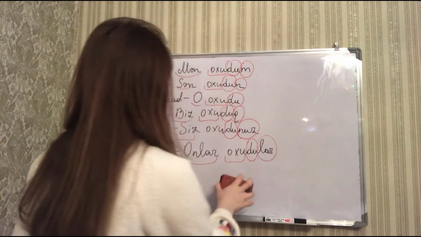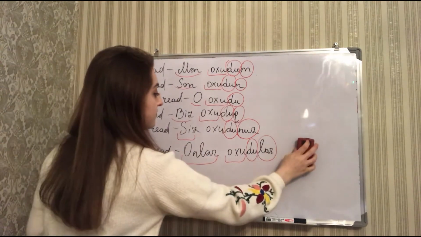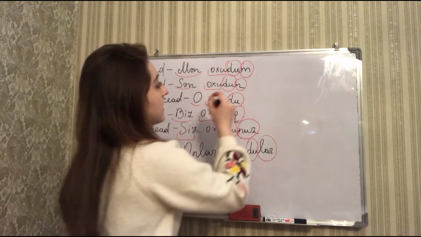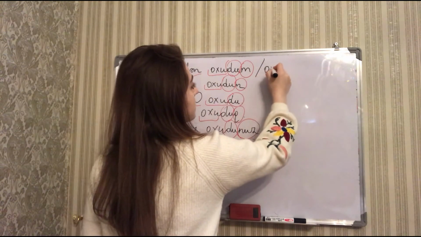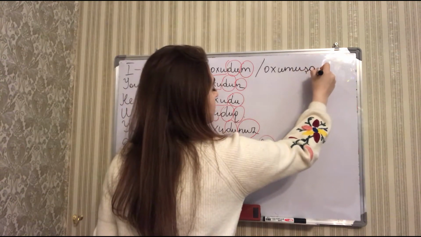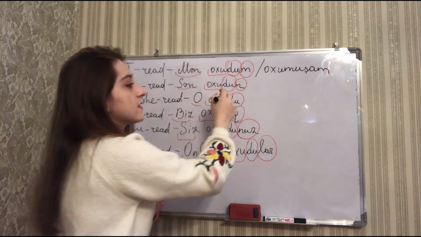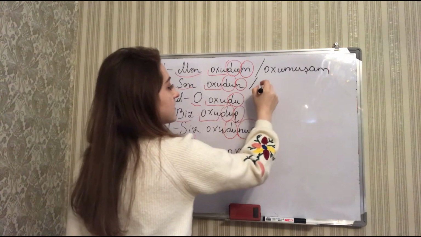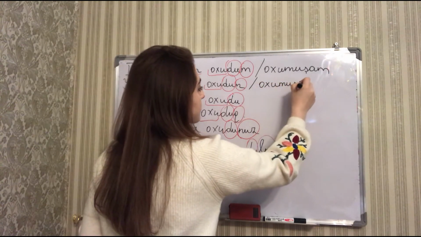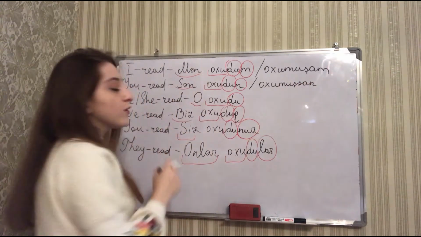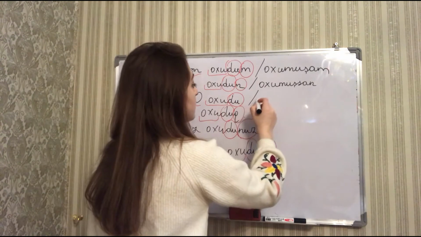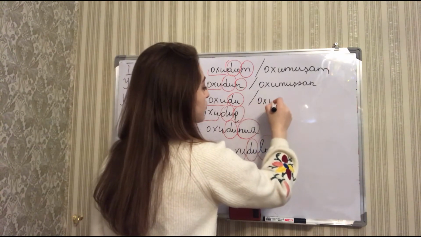Now, let's look at the another suffix. Ben okudum or ben okumuşam. You read. Sen okudun or sen okumuşsan. He or she read. O okudu or o okumuştur.